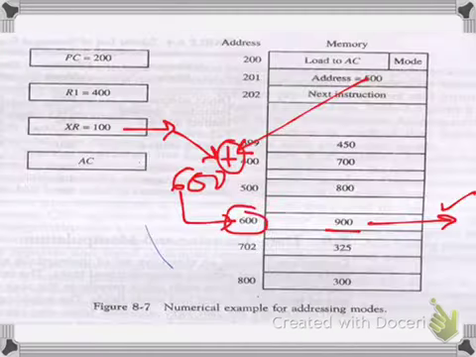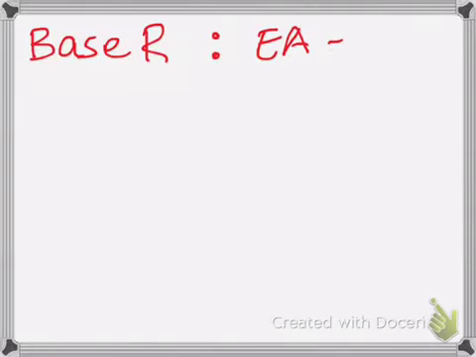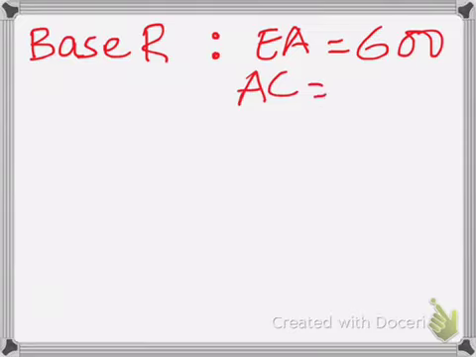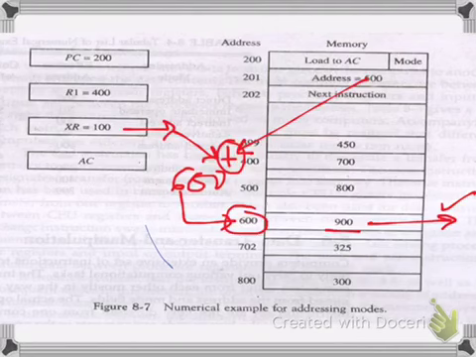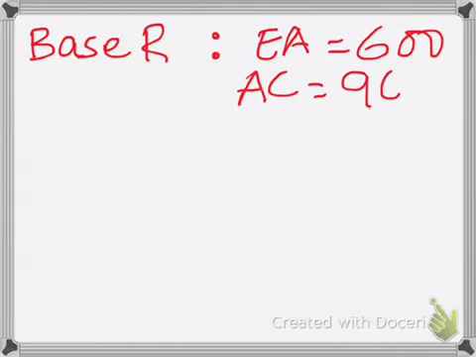So in case of base register, the effective address is 600 and the contents of the accumulator would be whatever is there in address 600, which is the value 900.